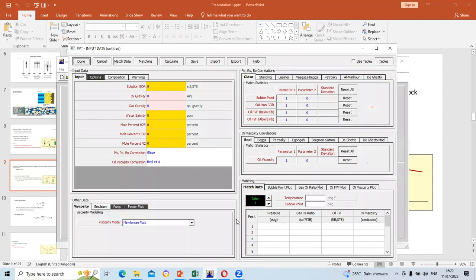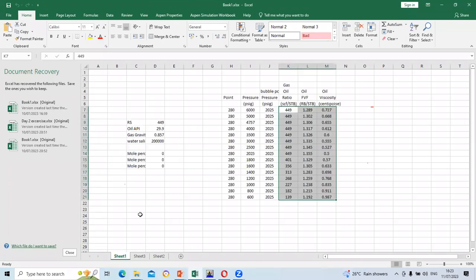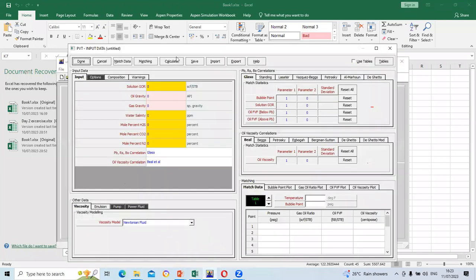So I'll go back to my software. I have my solution gas. I think I have data here for that. My solution gas is 449.